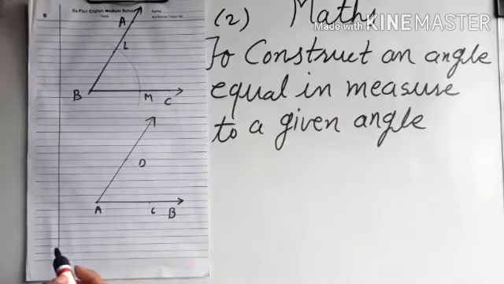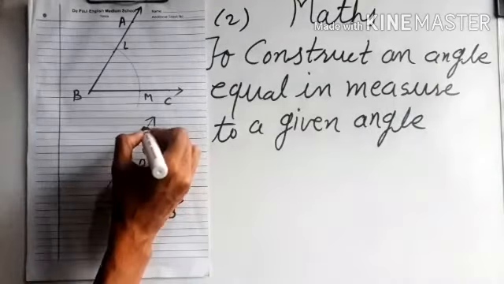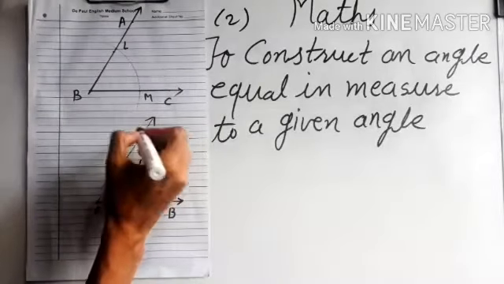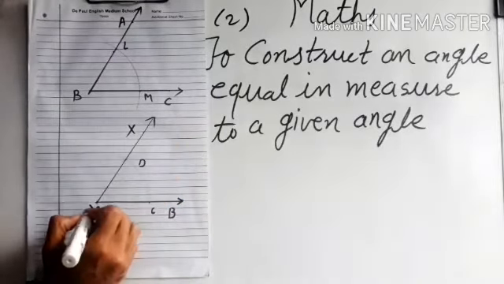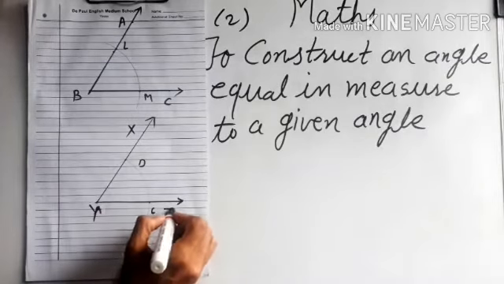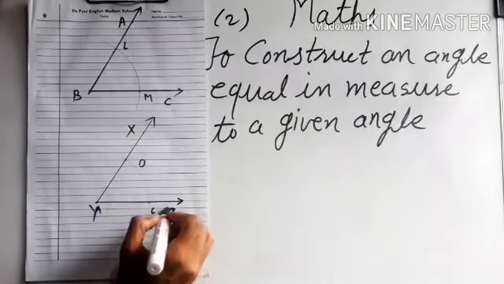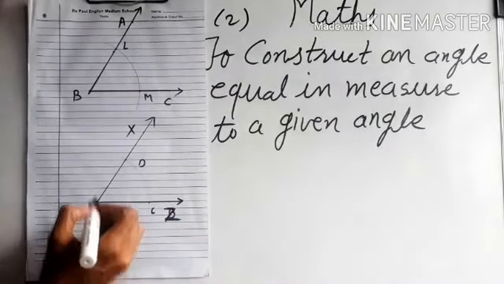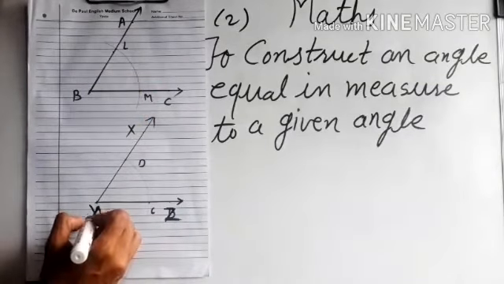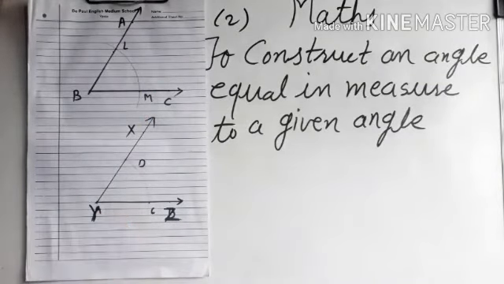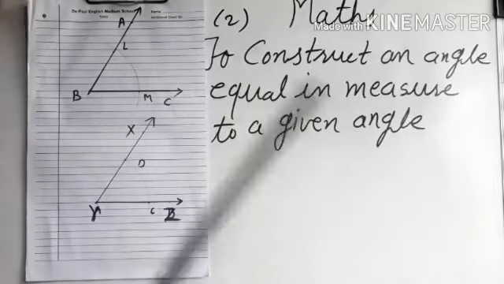Let's give some different names, students. ABC was already given, so I will name the new angle X, Y and Z. So this is about the construction of an angle equal in measure to a given angle.